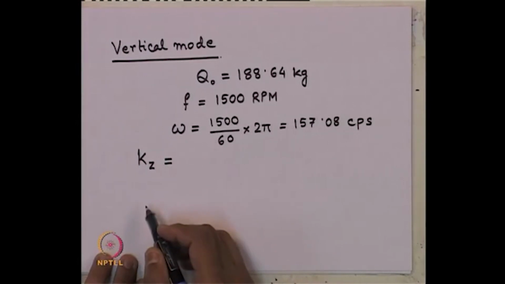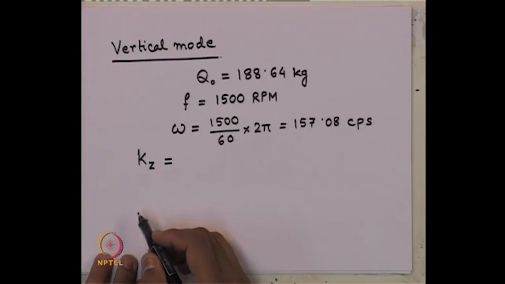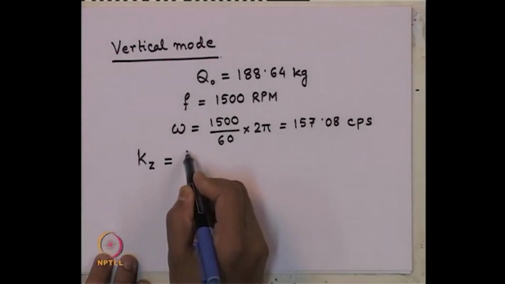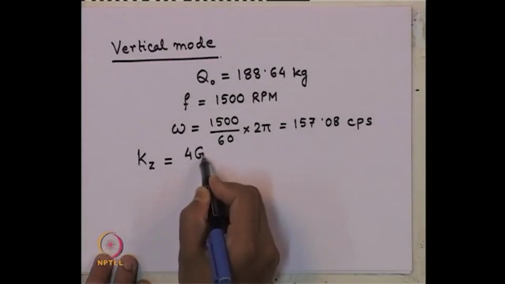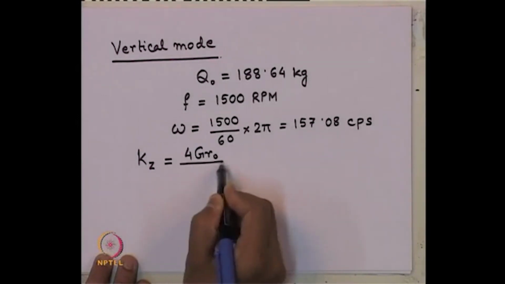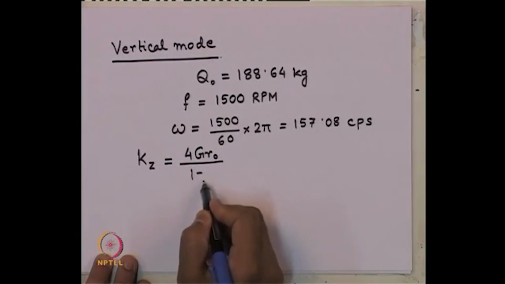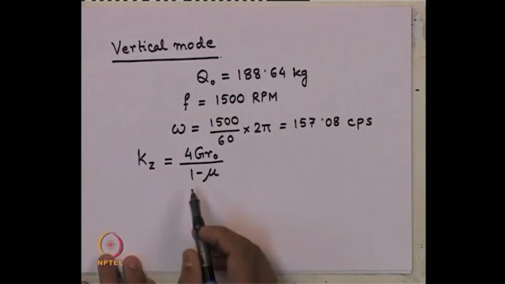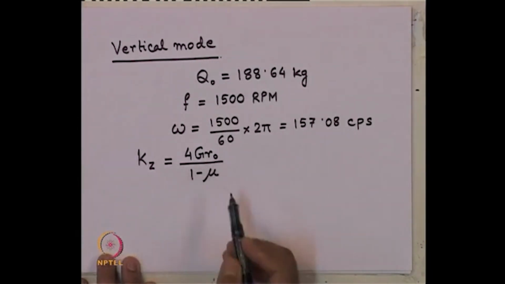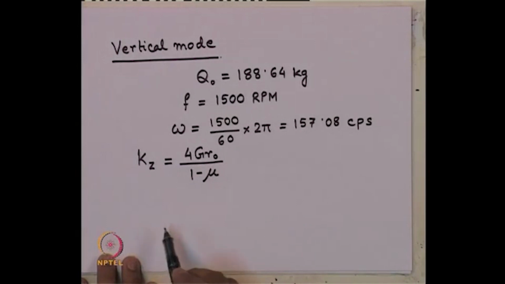That can either be obtained from a cyclic plate load test or using the expression for Kz as given by Timoshenko and Goodyear: Kz equals 4 G r naught by 1 minus mu.